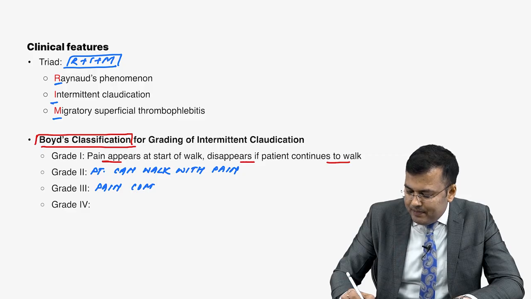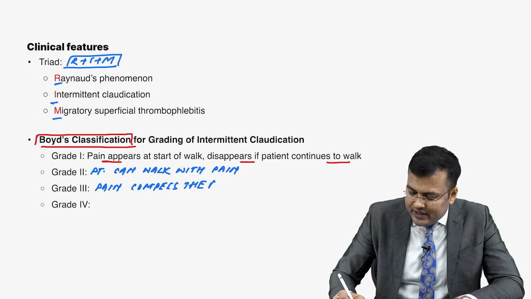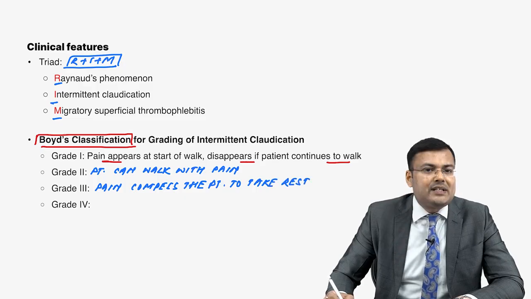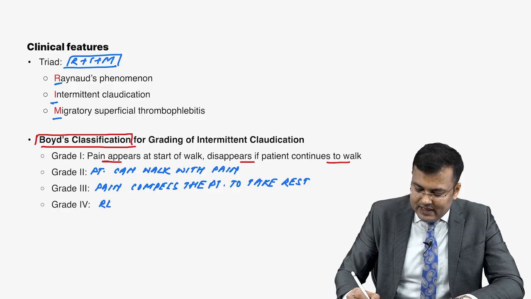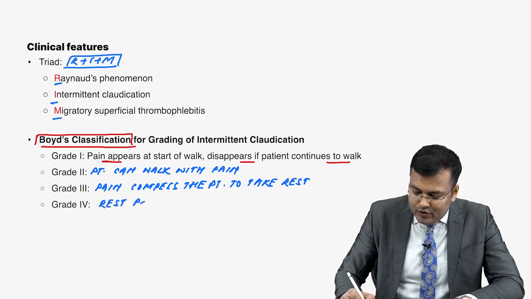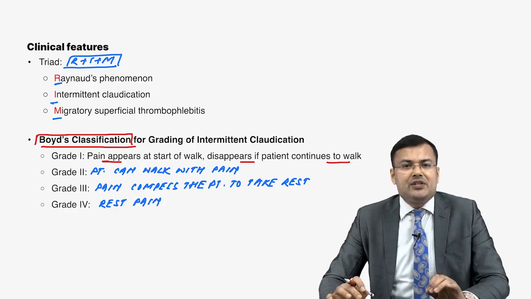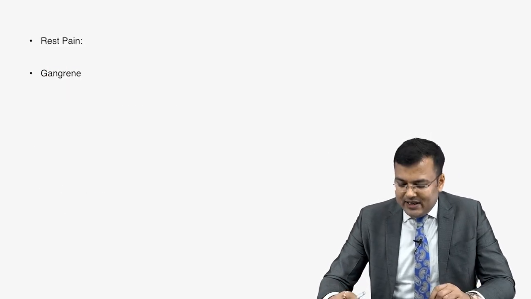And obviously, what is grade 4? You know that grade 4 is rest pain. You have to remember this is Boyd's classification, the grading of intermittent claudication.